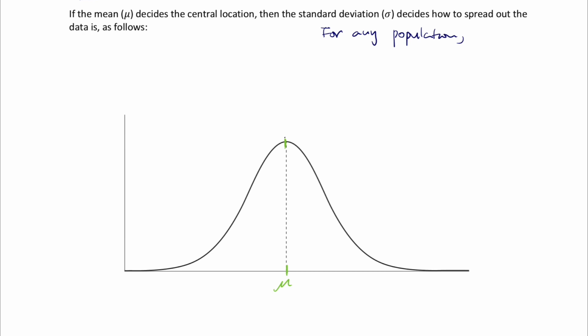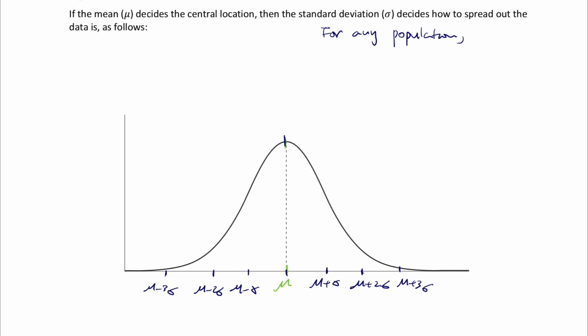Since the center is the mean, we can divide the area as follows. The next mark will be mean plus standard deviation. On the other side we have exactly the same thing, but subtract the standard deviation. Here we will have mean plus 2 standard deviations, mean minus 2 standard deviations, mean plus 3 standard deviations, and mean minus 3 standard deviations.